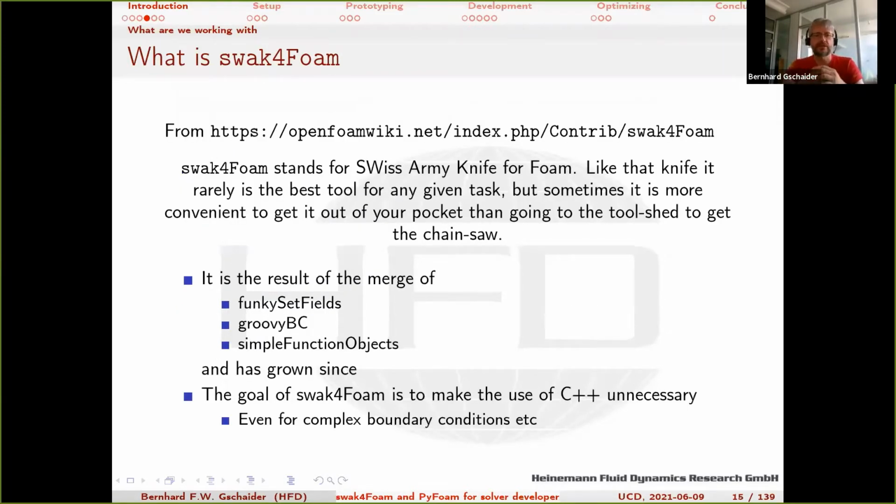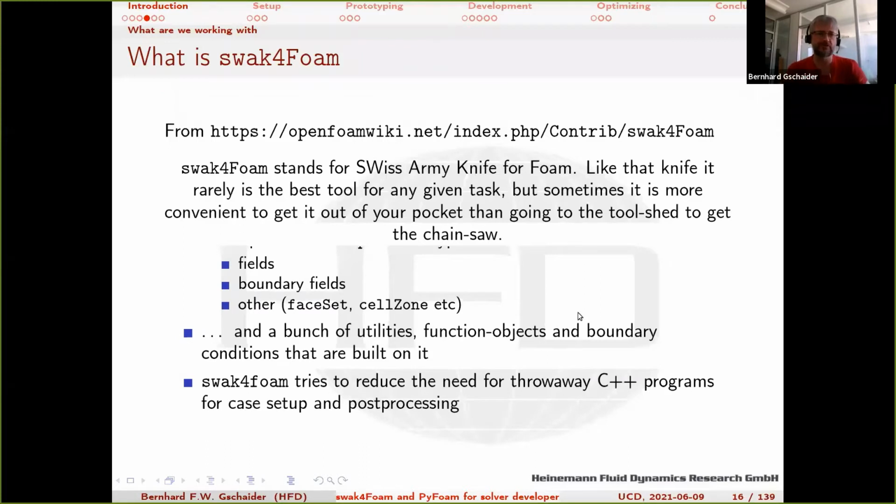swak4Foam, swak stands for Swiss Army Knife. It's a collection of libraries and utilities whose goal is to make it unnecessary or less necessary for you to write C++ programs for simple stuff like setting boundary conditions, setting initial conditions, and things like these.